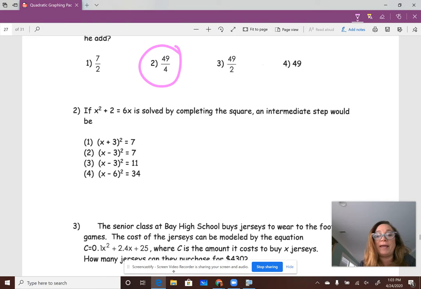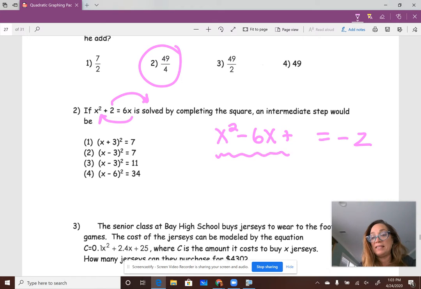If this is solved by completing the square, an intermediate step would be, well, one of the first things I would do is move the linear term to be near the quadratic term, and I would move the constant term away. Okay, so now again, I want this to be a perfect square trinomial.